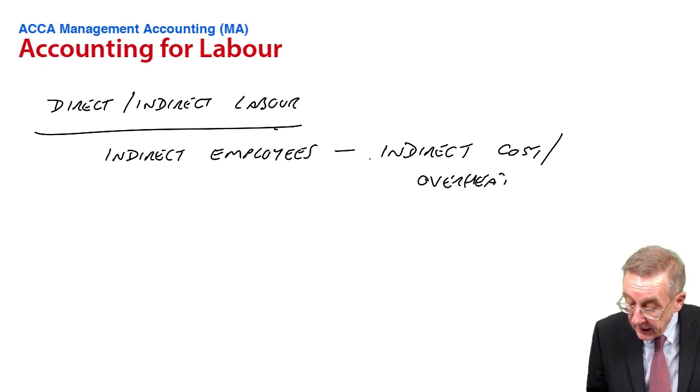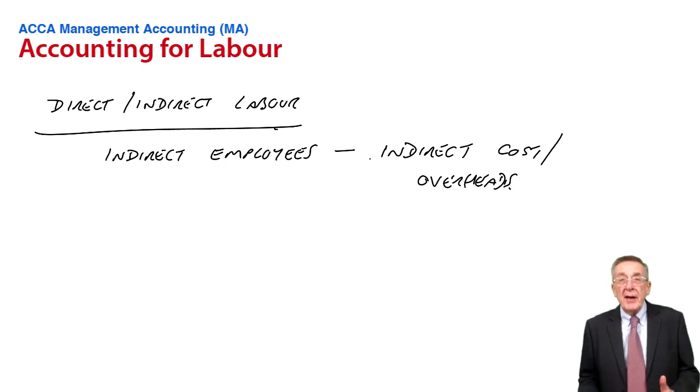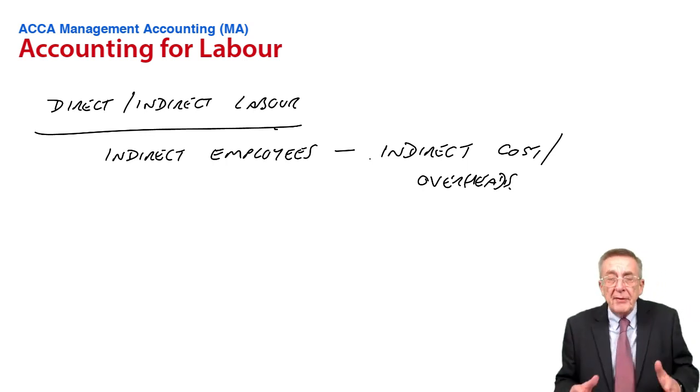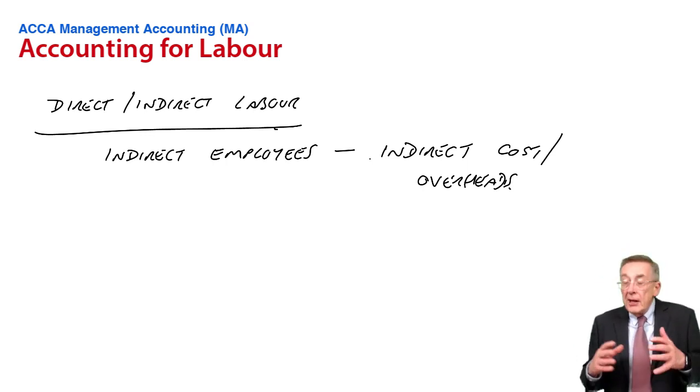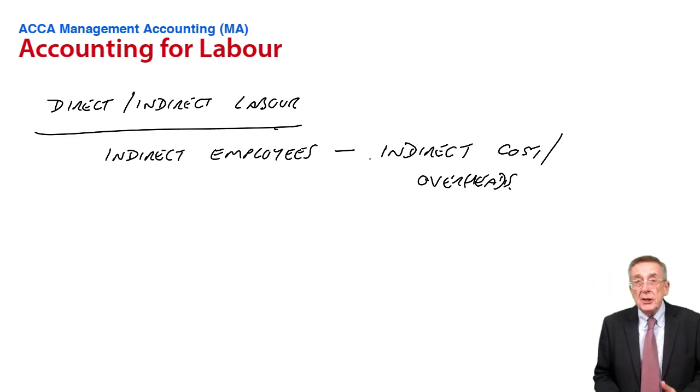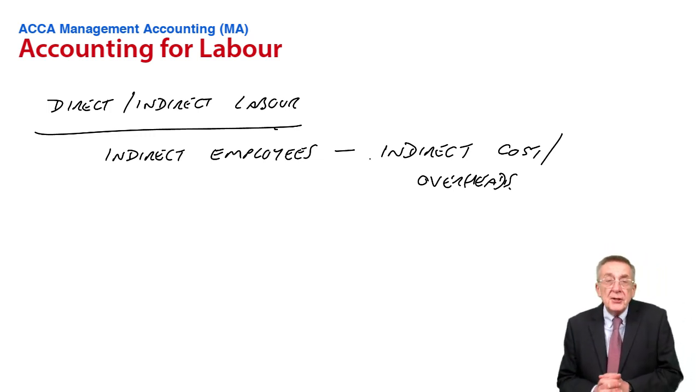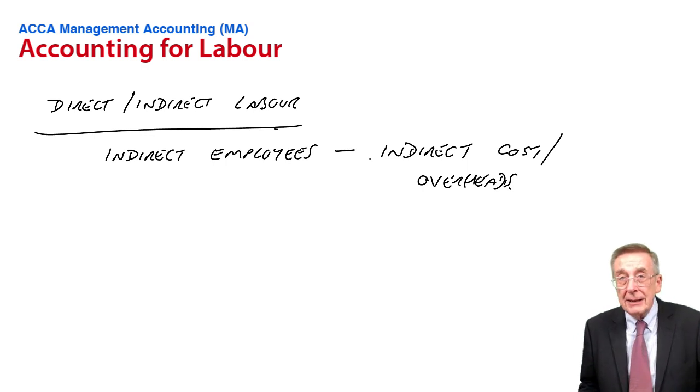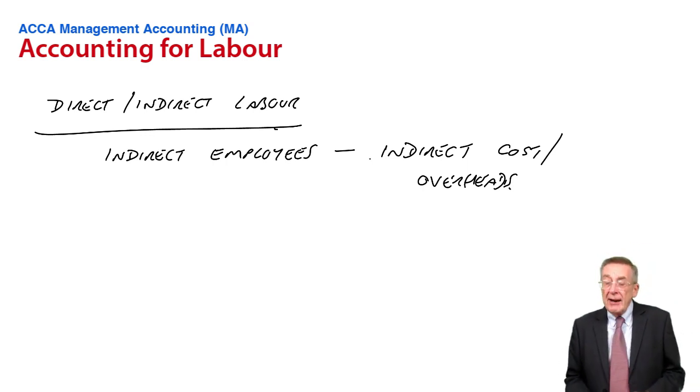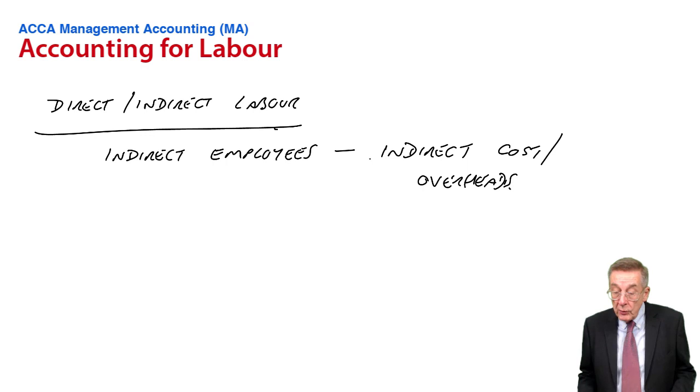So it's things like supervisors. We've got supervisors in the factory supervising the workers. They are a production cost, but the supervisors don't actually produce anything themselves, and so they're an indirect cost or an overhead.